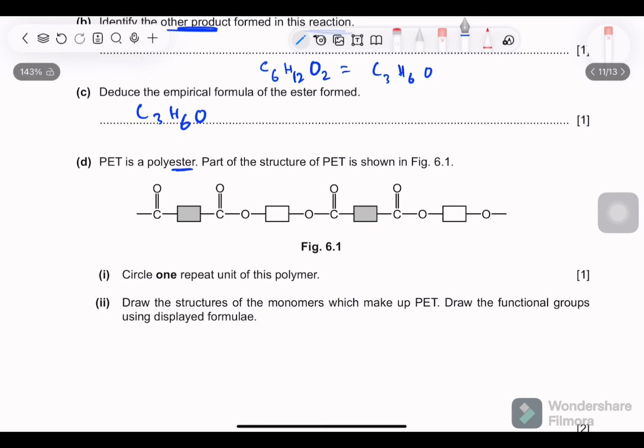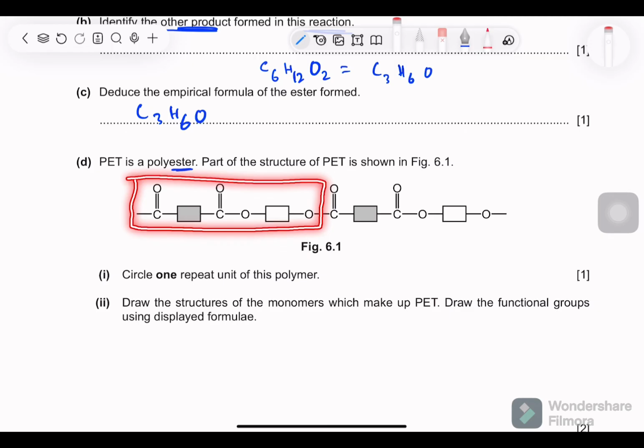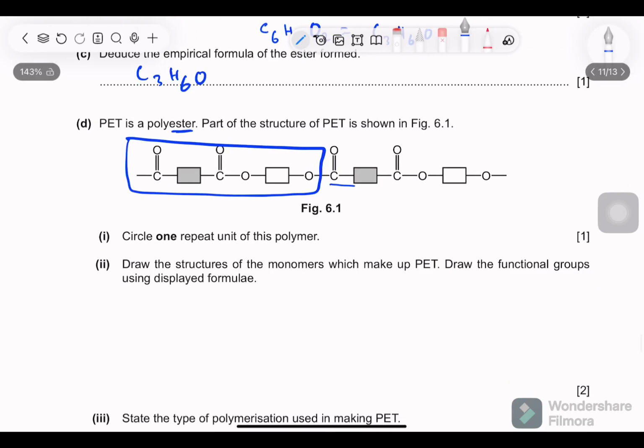We can see that if we see the entire chain, it starts from here and till here it is different, but after this it repeats again. This and this are exactly identical. So we know that the repeat unit is up till here, as after this, this is the same repeating over and over again.